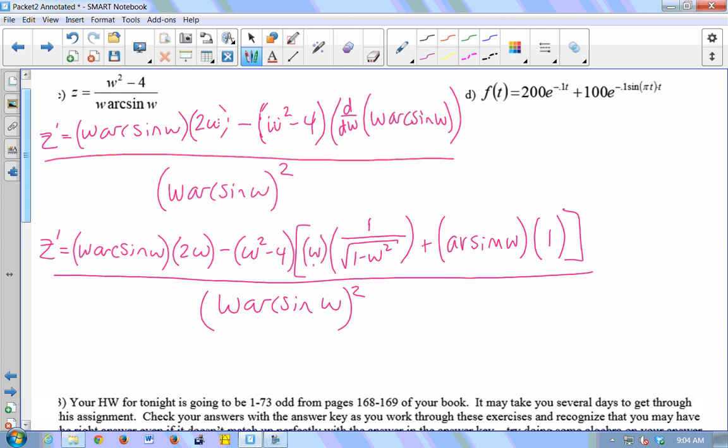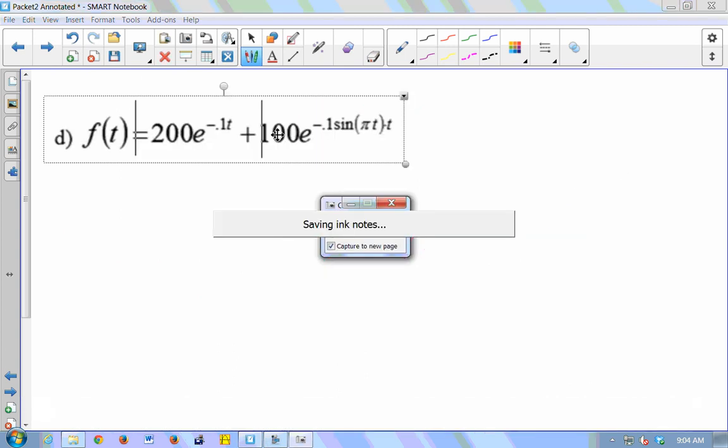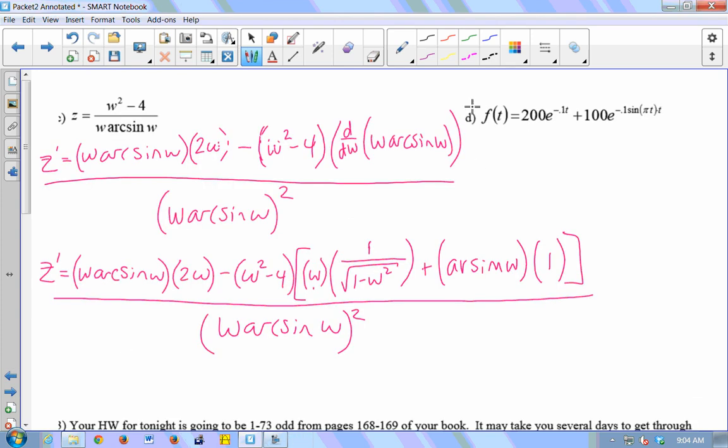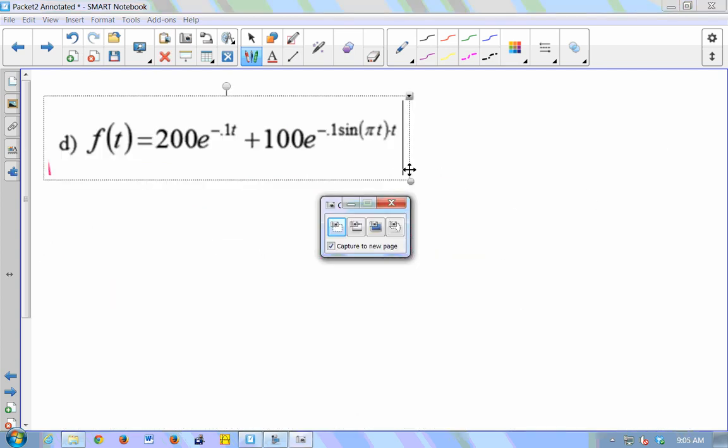And I used up all my room, so I got to move D to another page here. Good enough.